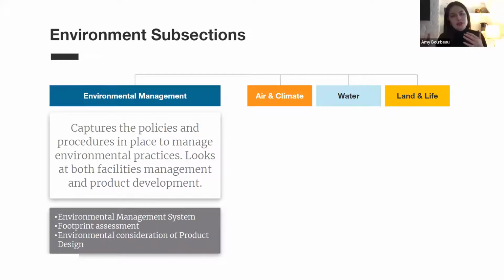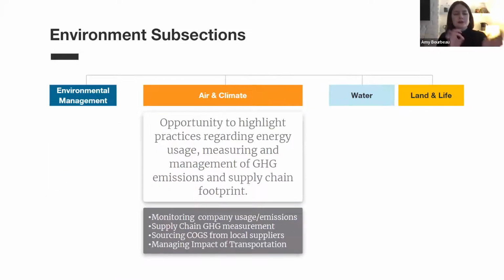And then in the next sections, we move into more specifics. So if we can go to the next one, you're perfect. Air and climate looks at greenhouse gas emissions and energy usage. And that's both within your facilities, and for companies on a larger track, it might be for your supply chain as well. On one level, it'll ask you what you measure and monitor and understand of these things for your own facilities and operations.